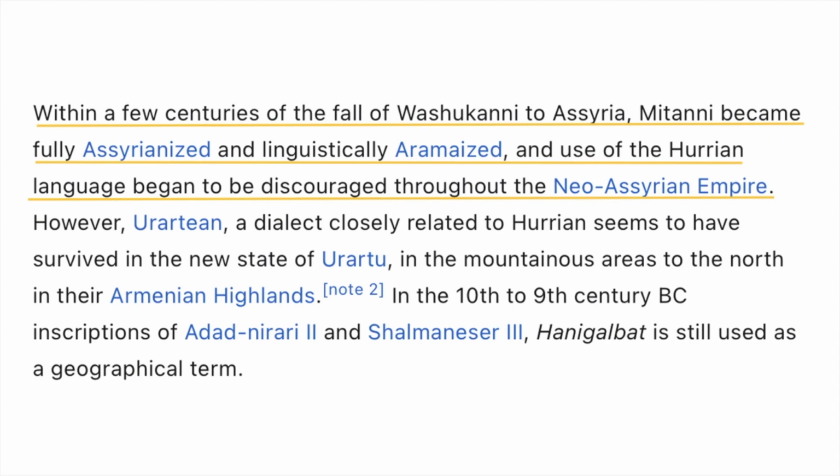And these Hurrians would have basically been forced to adopt the Assyrian culture and the Aramaic language. So you could have Semitic speaking people in the Middle East with Hurrian ancestry because their ancestors adopted it. They were forced to adopt it because they were conquered by the Assyrians. And that's a very important thing to note. Again, many Middle Easterners could basically be descendants of Hurrians, ancient peoples who adopted into various Semitic cultures.